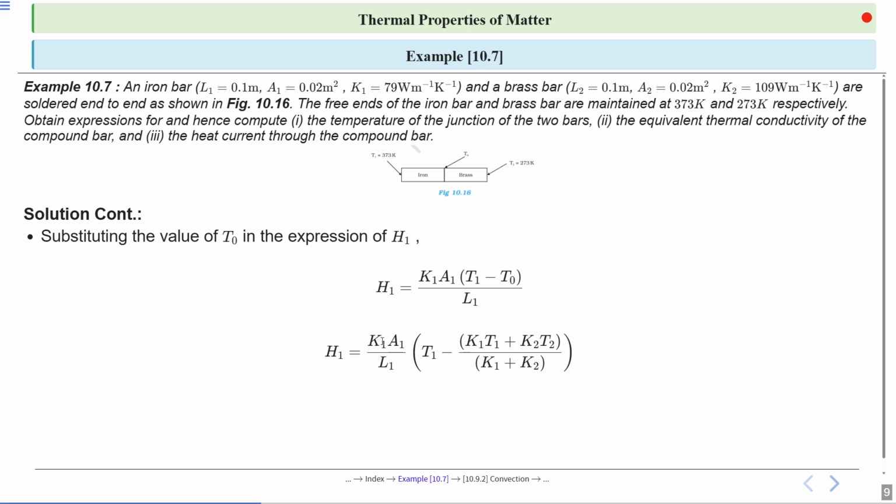So you will get K1 A1 divided by L1 as it is, into T1 minus the value of T0, that is (K1 T1 plus K2 T2) divided by (K1 plus K2). Now we know L1 equal to L2 equal to L and A1 equal to A. So it becomes H1 is equal to K1 K2 A divided by L, into (T1 minus T2) divided by (K1 plus K2). So this is the value of H1.